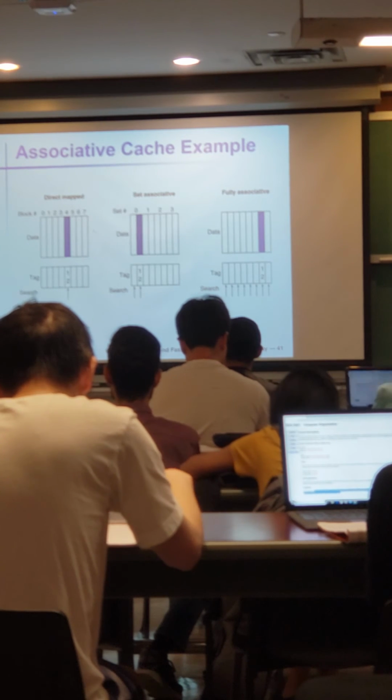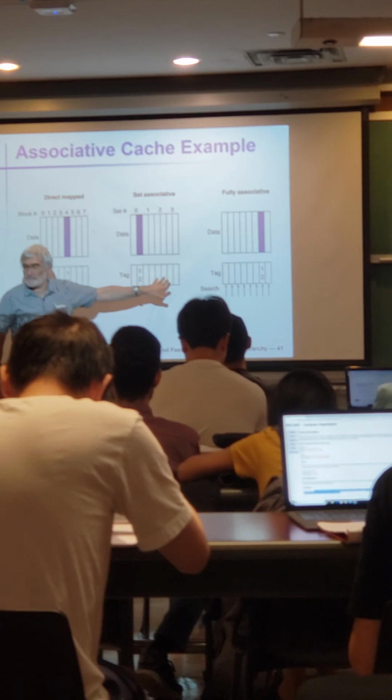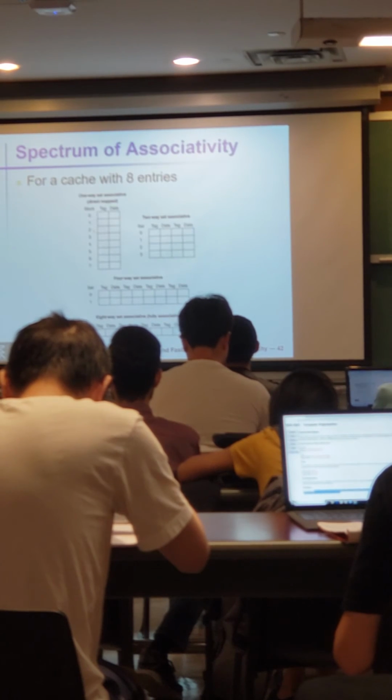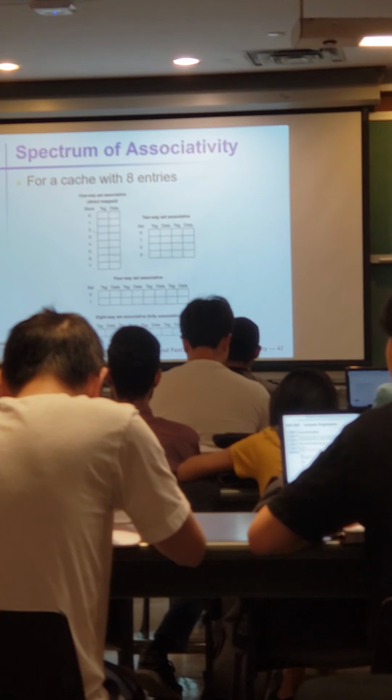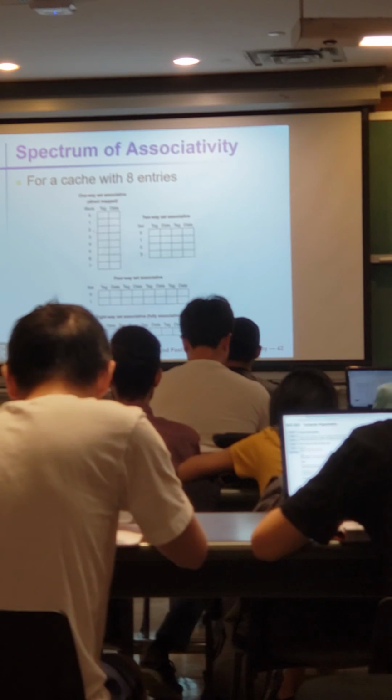And this is of course more reasonable when you have 2-way, 4-way associative or something like that. We usually do powers of 2. And here is how it's structured and things like that. So I'm not going to go into detail. We want to see more about the test.